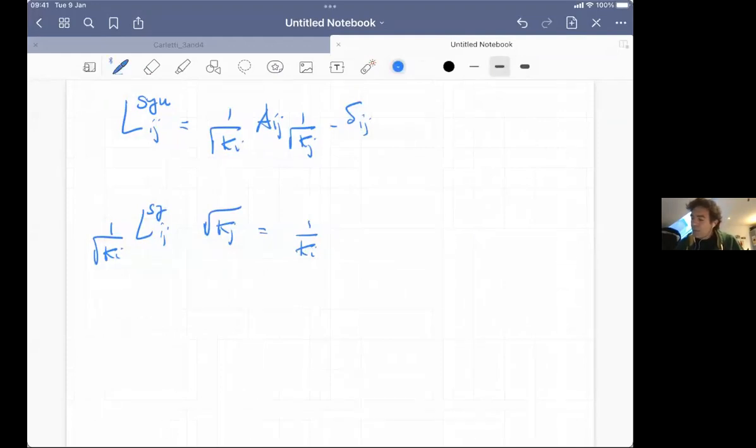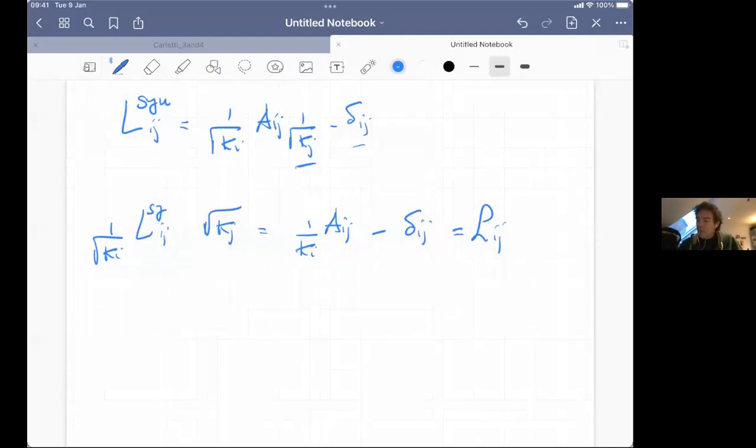Then you have Aij, and when you multiply to the right by square root of Kj, but here you have the division by square root of Kj, this gives you 1. And at the end, because you have the delta, you end up with, again, delta Ji. And so this is by definition the Laplacian Lij.